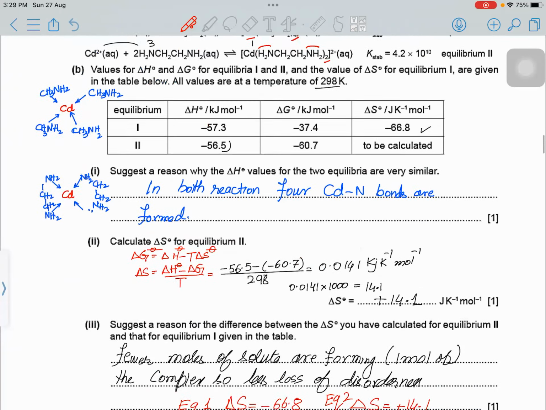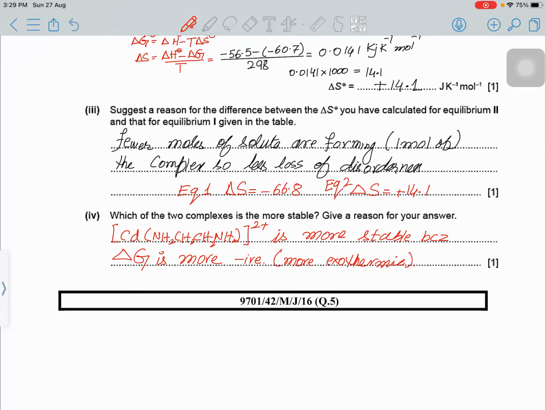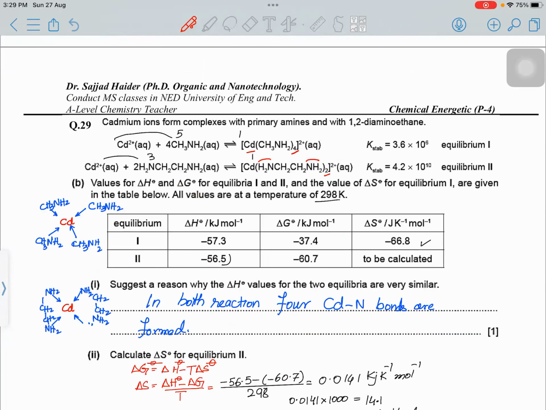So that's why the second is more stable. Or you can say that the equilibrium value is more.